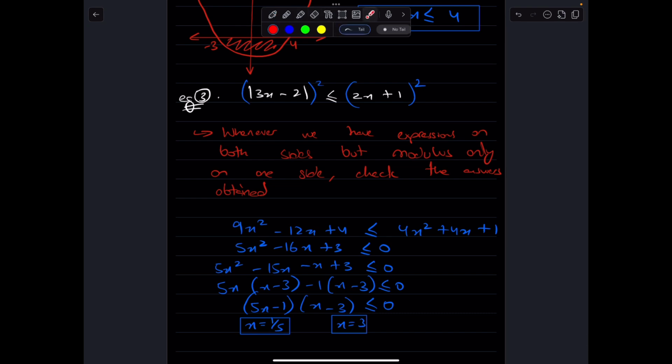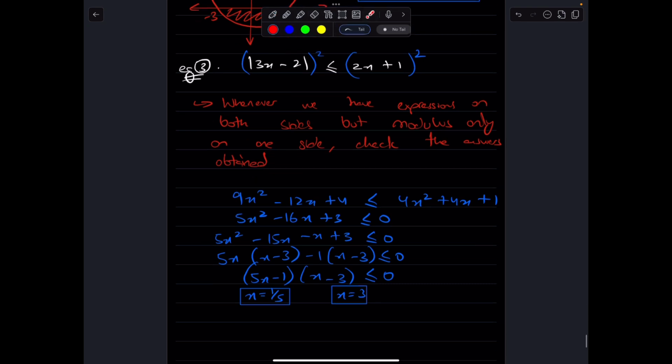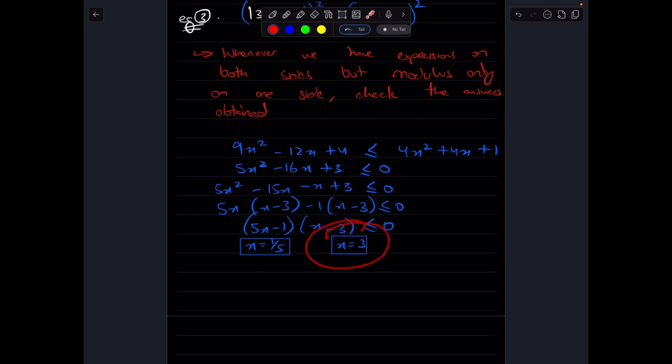This is a very important step. So we check the validity by substituting both values back into the original inequality. In this case, both the values satisfy the inequality and thus we'll accept both the values, 1 over 5 and 3.